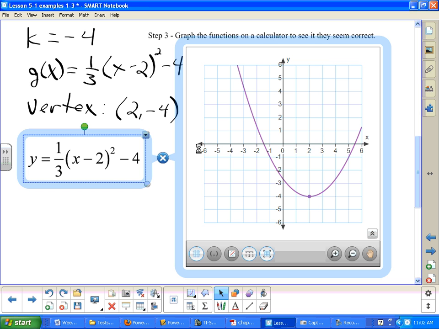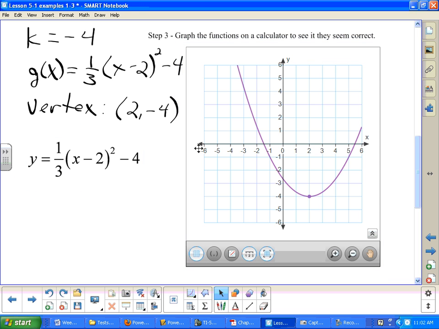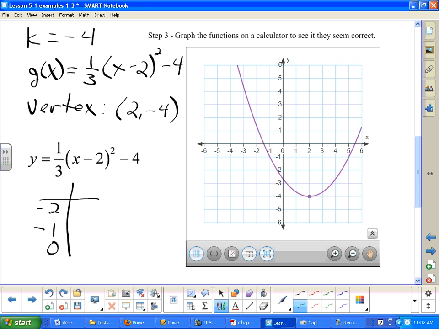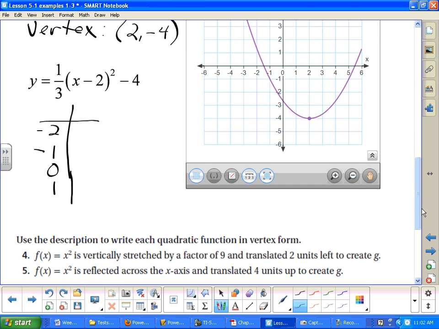Now, I want to explain to you how I know it's going to look like that anyways. Remember, let's look at our table again. All right, -2, -1, 0, 1, and 2.